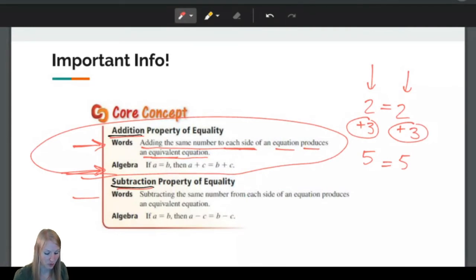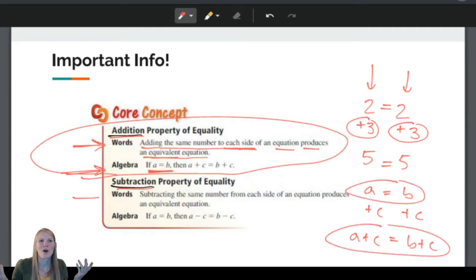Okay, so in algebra, that looks like if A equals B, and I add C to both sides, A plus C, B plus C, this equation and this equation are the same thing. We go from 2 equals 2 to 5 equals 5.